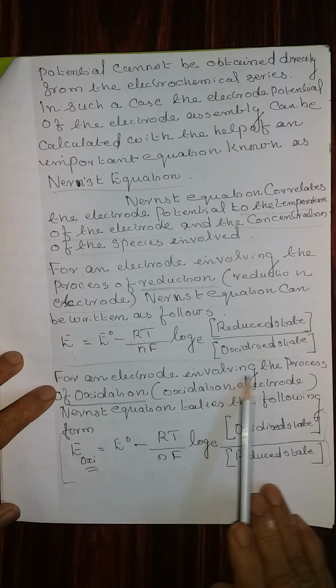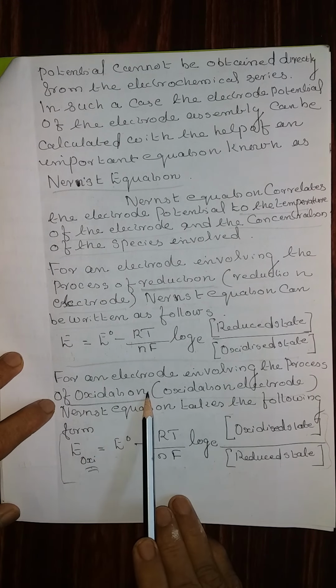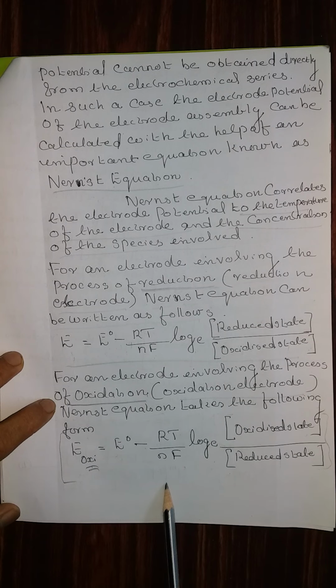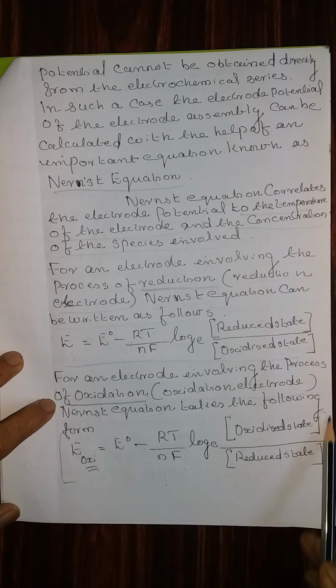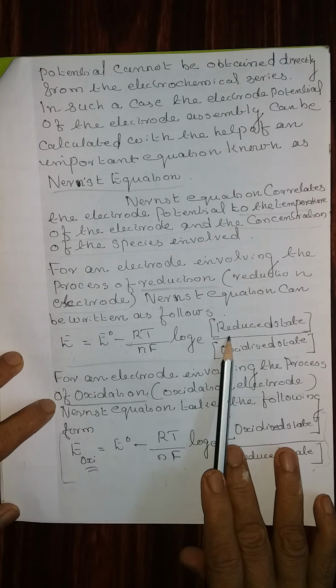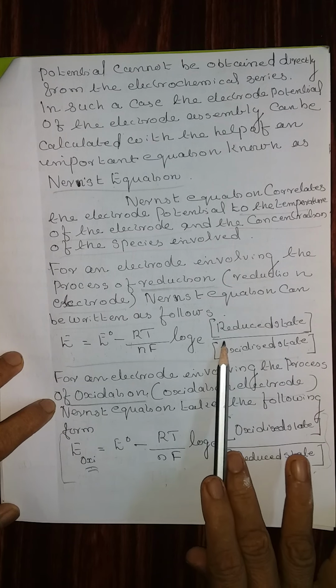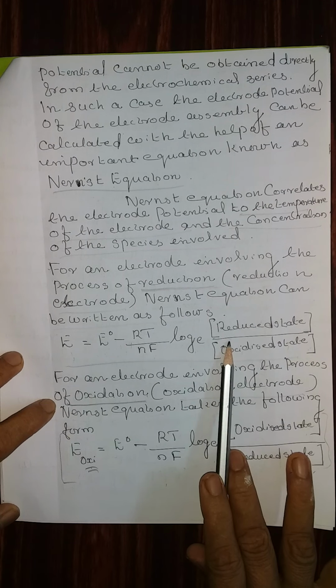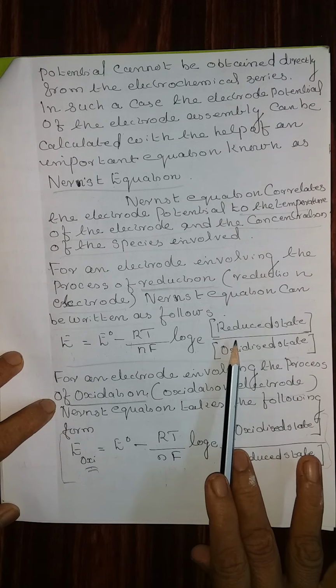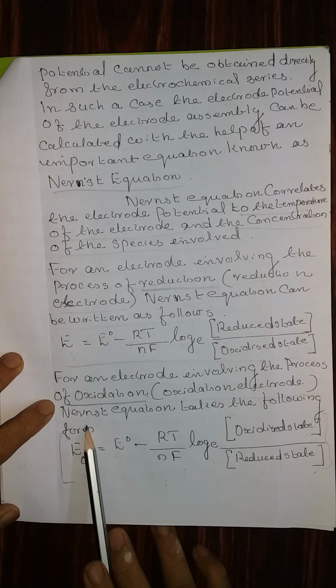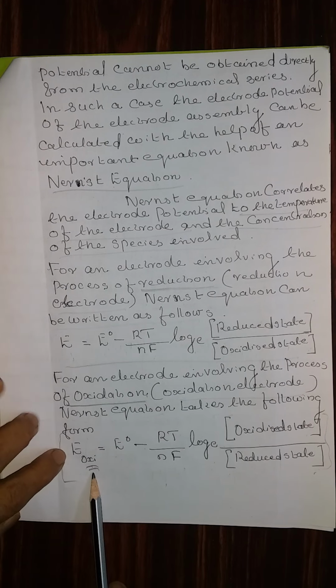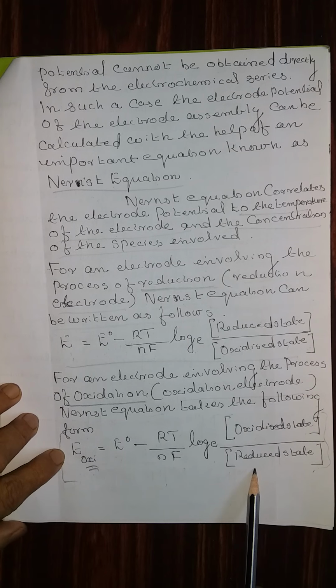For an electrode involving the process of oxidation, an equation is given here, but this equation is not at all used. We follow this system because, as I told you earlier, in the electrochemical series, all the electrode assemblies' reduction potentials are given. If this is oxidation, there is a slight change here.